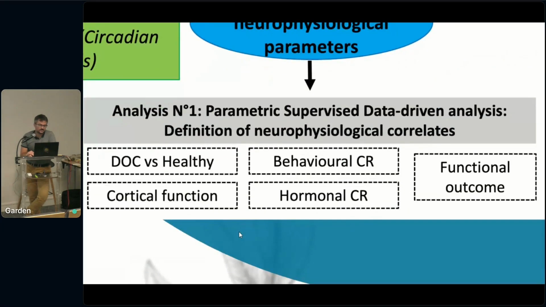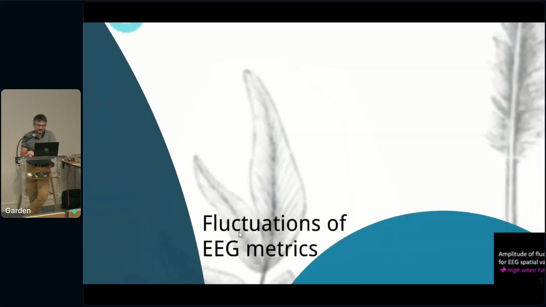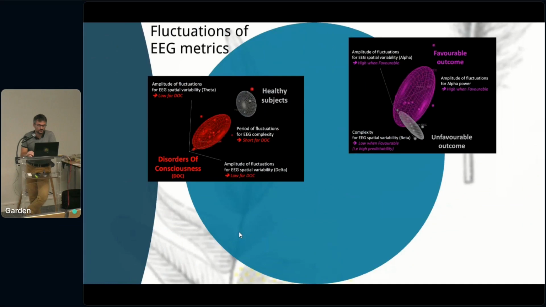And to select among them which were the most useful, we used a supervised data-driven analysis, comparing in a regressive model which of these parameters were the most useful to predict clinical factors or paraclinical results. I will just present you 2 of them.